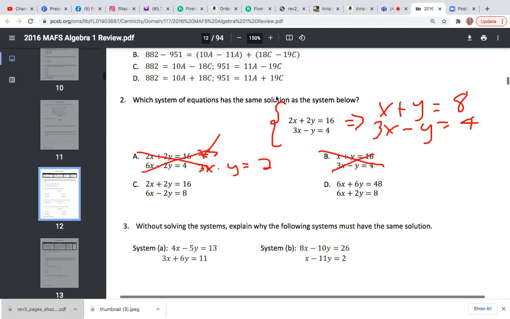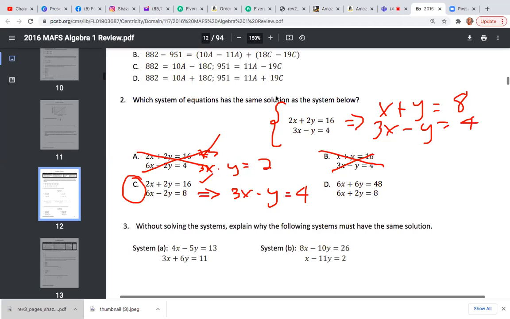Now, look at letter C. The first equation is exactly the same as the original problem. But in the second equation, every term is divisible by 2. Look at what happens when I reduce the second equation: I get 3x minus y equals 4. Ding, ding, ding! So essentially, letter C is exactly the same as the original problem.